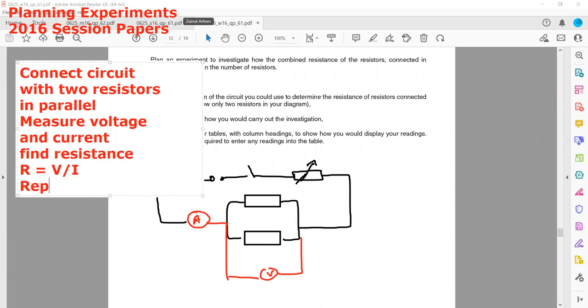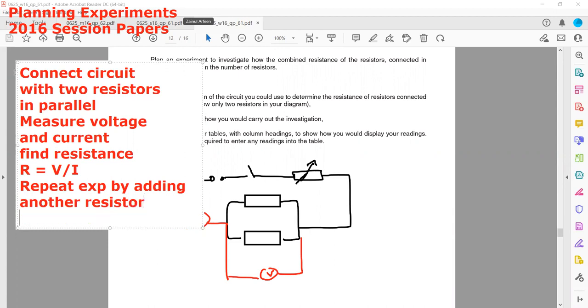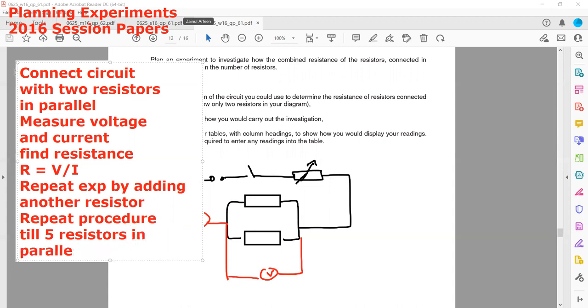Then we'll repeat the experiment by adding another resistor and repeat the procedure till, for example, 5 resistors in parallel. So this is how we carry out this investigation.